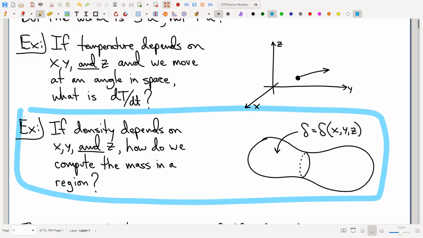If I were to take a slice, like you imagine in a single variable calculus context, the density is not constant on that slice. What am I supposed to do with a density function on a slice of volume? If it's not constant, you can't do anything with that. How do you get around this?